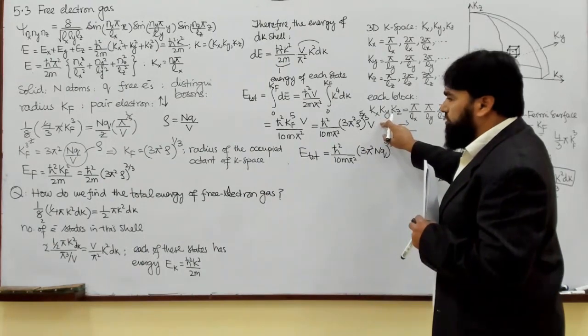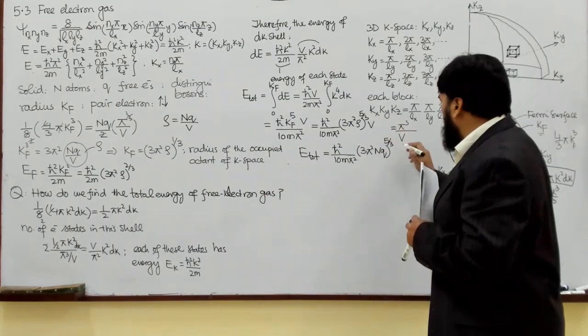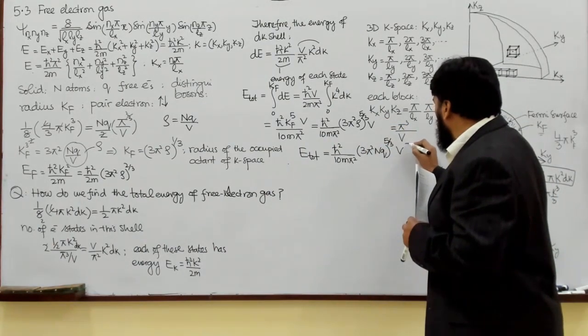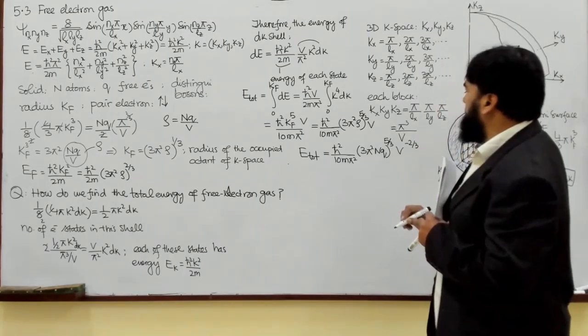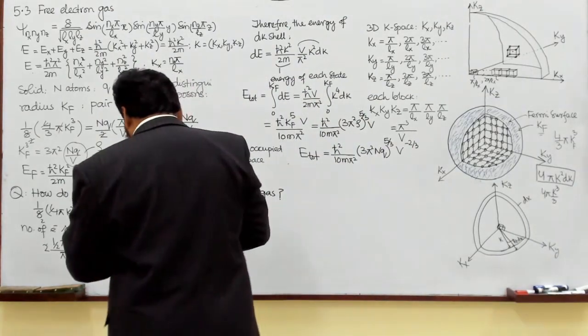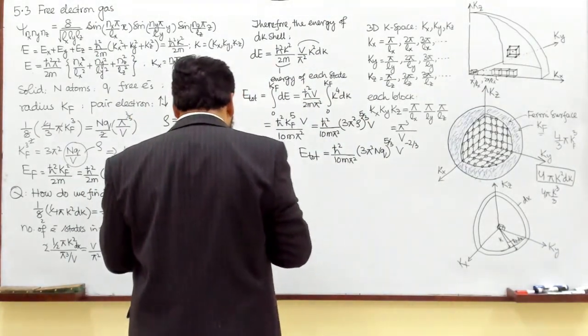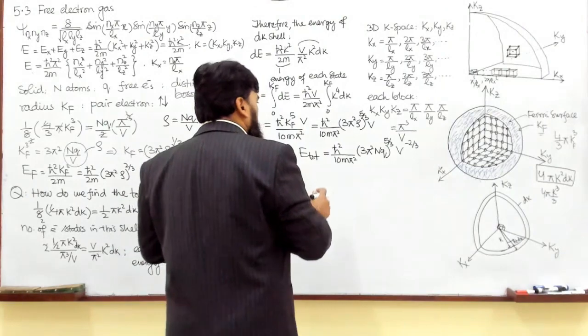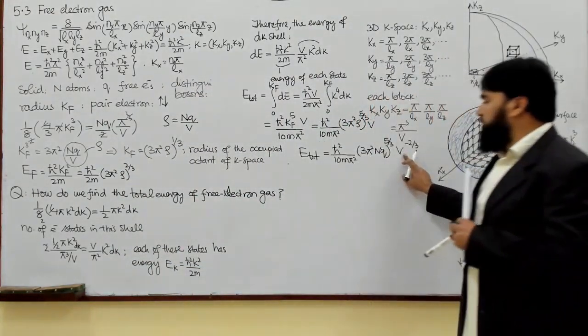So 1 minus 5 by 3 comes out to be V to the minus 2 by 3. So I calculated the total energy which is equal to this.